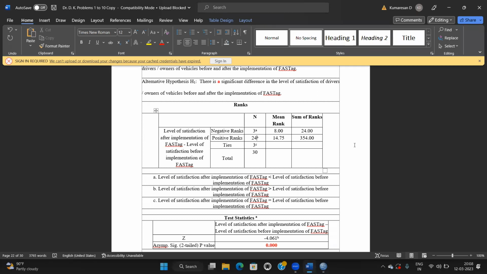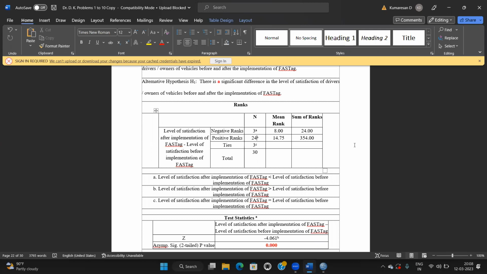But positivity: after implementation of FASTag, my level of satisfaction is improved. Then obviously we can say that the implementation of FASTag is successful in improving the satisfaction of drivers.